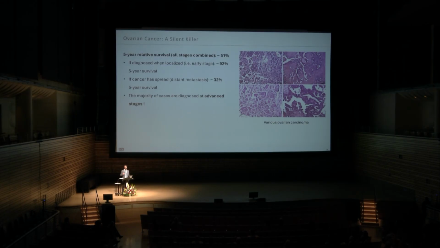There are five common histotypes of ovarian cancer, so different types of carcinoma. What these images are, are biopsied cells that have been dyed in a clinic, and then they're put on a microscope. Typically, a pathologist will take a look at these images and determine, is that cancer, is it not, what type of cancer is it?